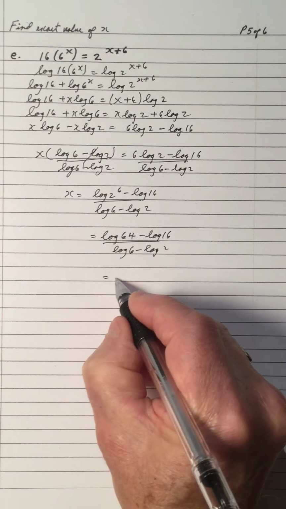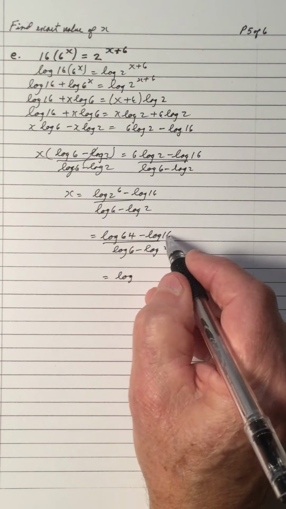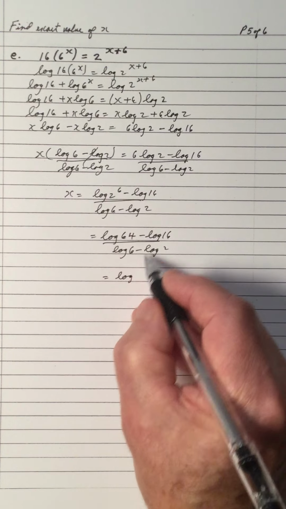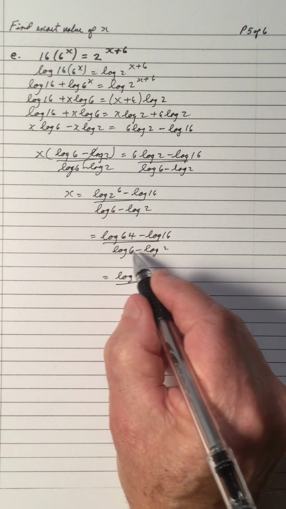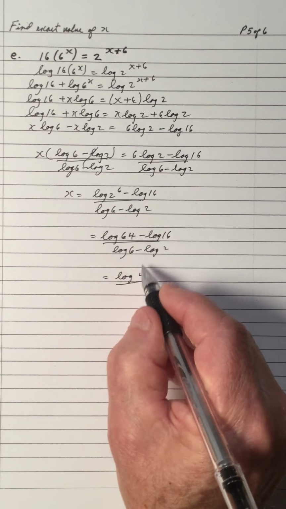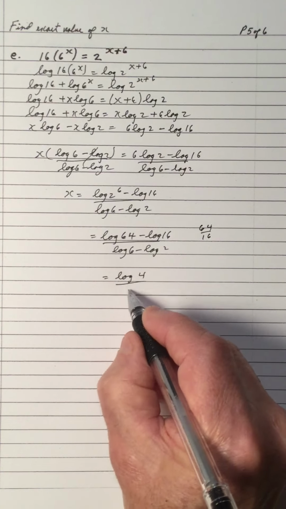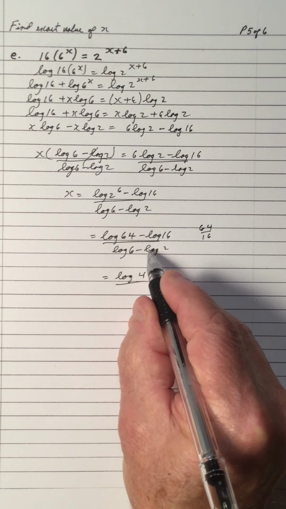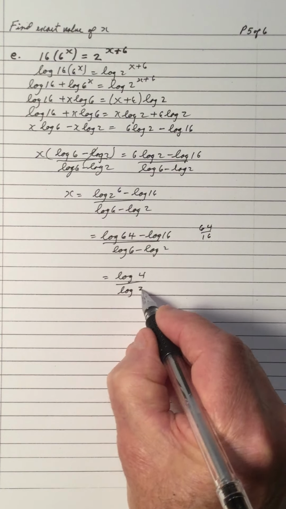And the difference of two logs is the log of the quotient. So 64 divided by 16 is 4. And this is 6 divided by 2 is 3.